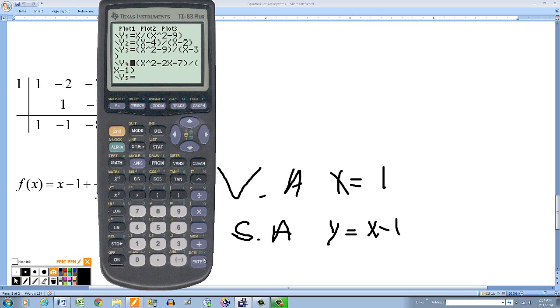Select this one. And then do a zoom 6. Okay, so that's what the graph looks like.